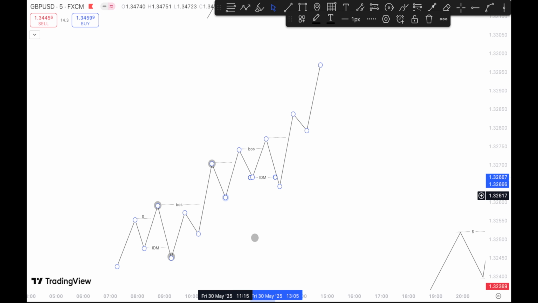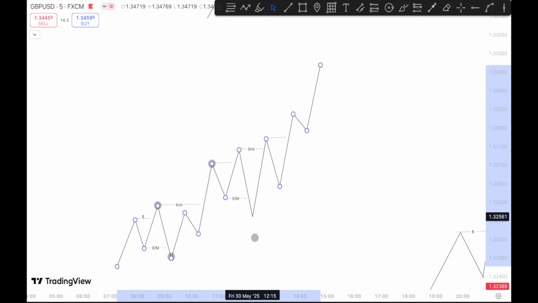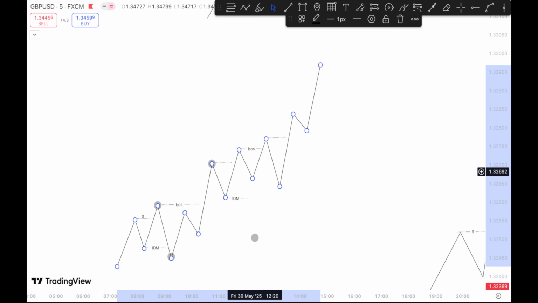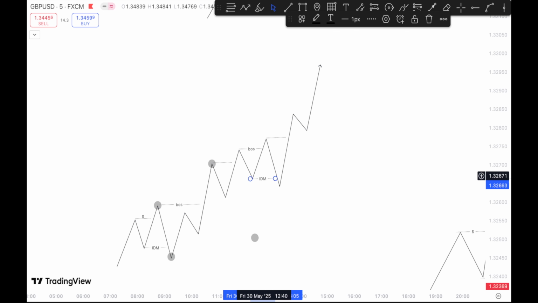If this low was taken, then this would be your inducement, but this low was not taken, but the market went up and made a new high over here, and then this low was swept with this move. So your recent low was swept with this move, and this would be your IDM, because this previous low was swept by the market, and this will be your inducement, and this will not be your break of structure.